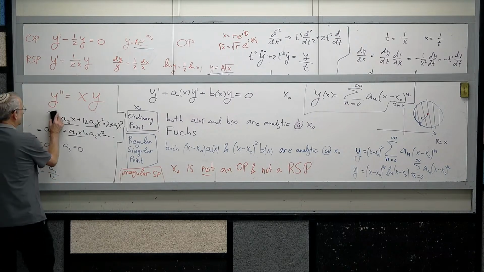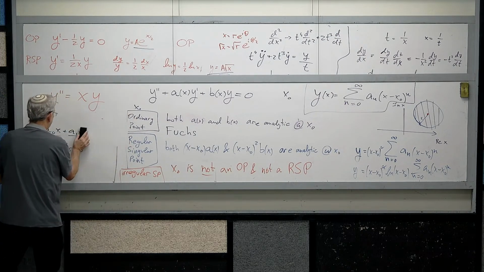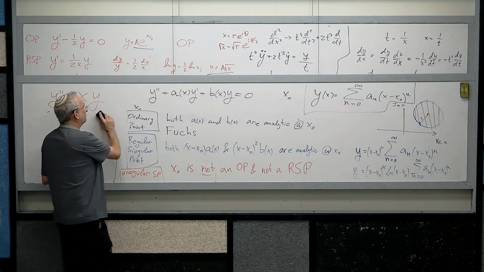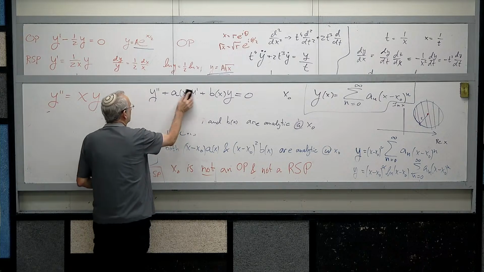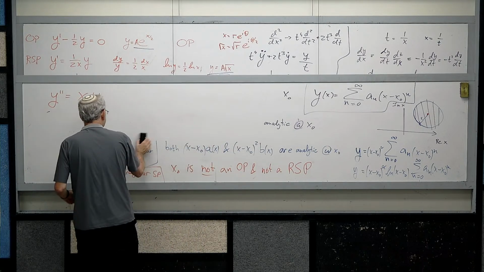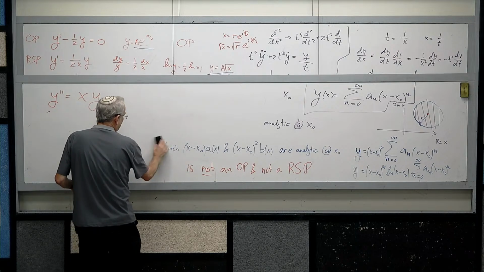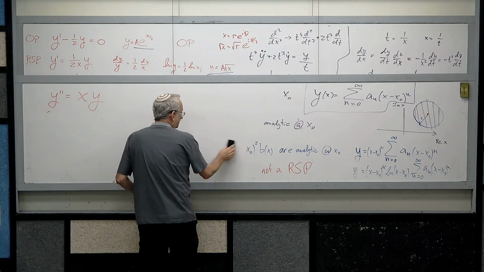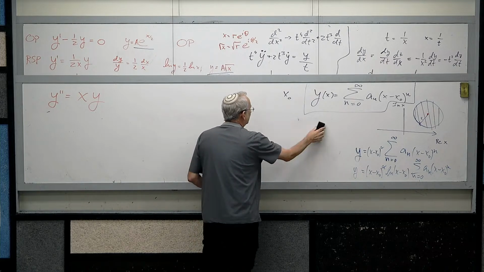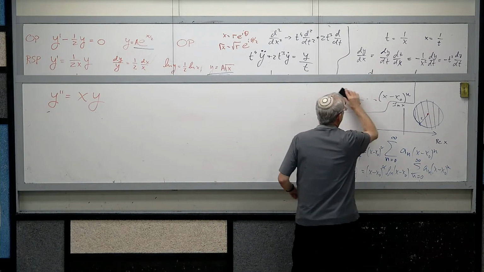Although I have only 10 minutes, but I will continue now. So what we want to do is to know how to extract some information for the behavior of a function around an irregular singular point.